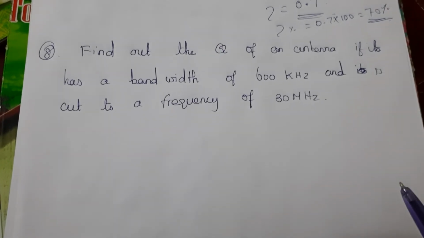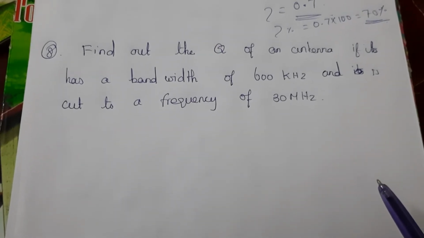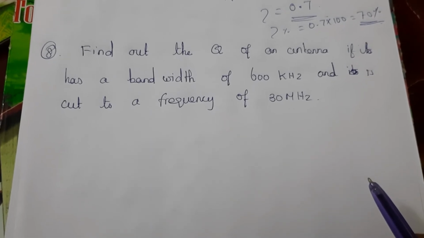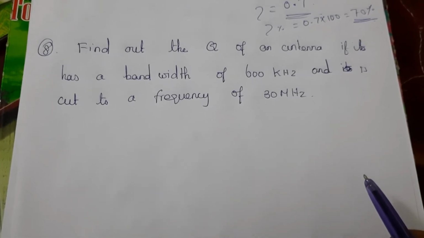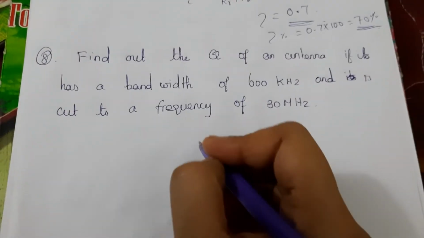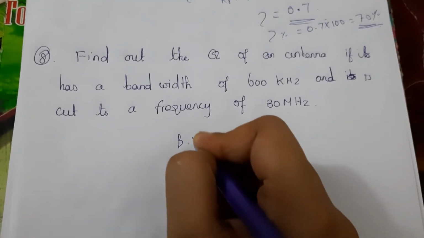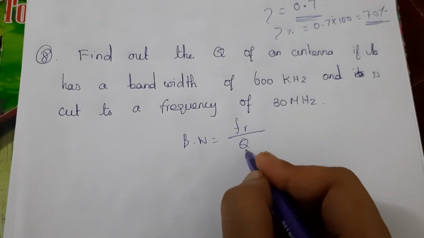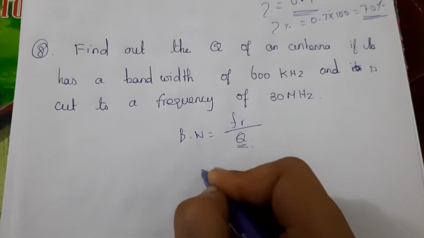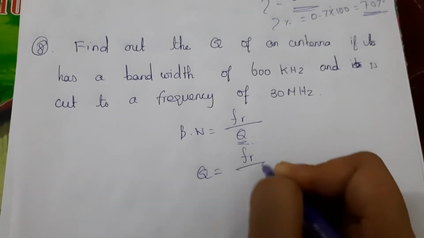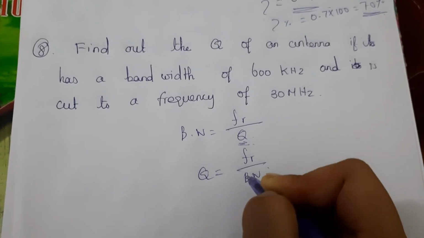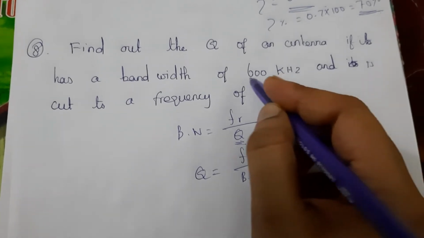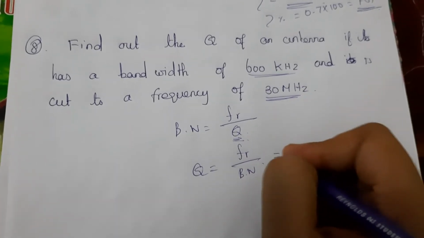Next question: find out the Q of an antenna if it has a bandwidth of 600 kHz and is cut off at the frequency 30 MHz. We know the formula: bandwidth is equal to resonant frequency divided by quality factor. Now we have to find this quality factor. So this equation becomes resonant frequency divided by bandwidth, and here resonant frequency is 30 MHz, bandwidth is 600 kHz.